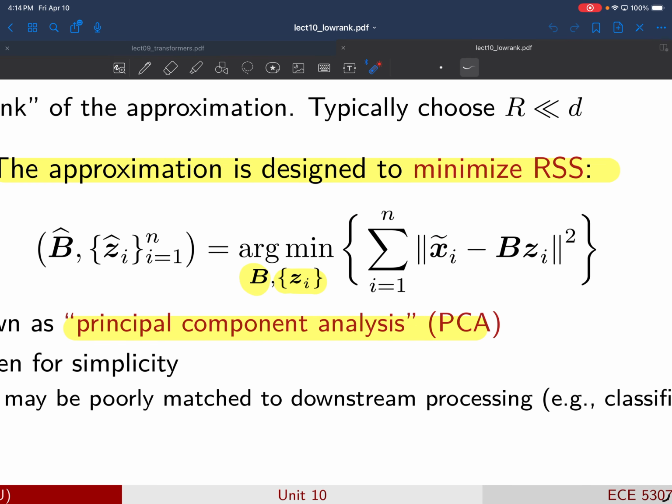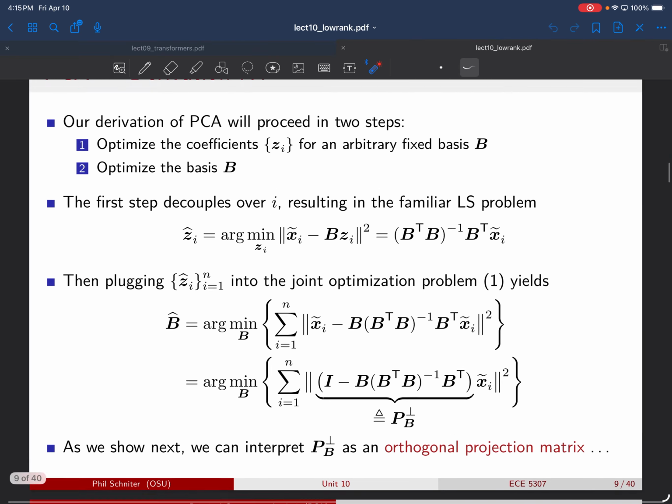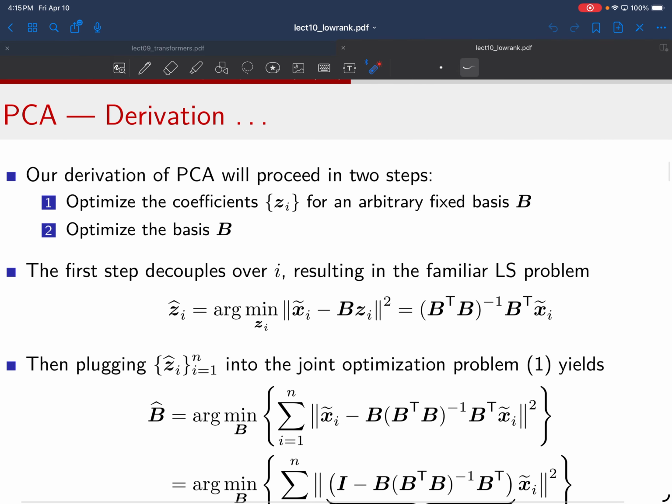So if I want to minimize, for example, Z1, then because this sum is a term with Z1 plus another term with Z2 and so on, I only have to worry about that term with Z1. So in other words, if I want to optimize Zi, then I can ignore this and just optimize this quantity over Zi.